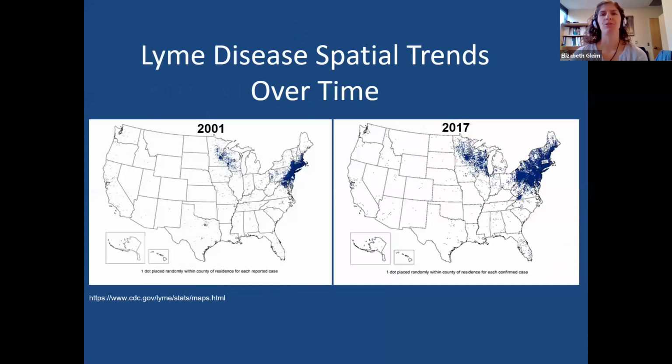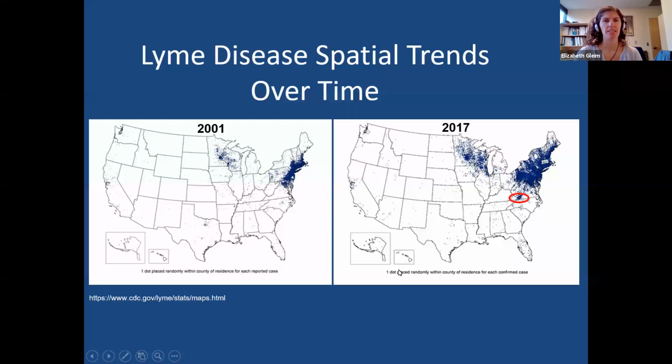Something else that's sort of interesting from an ecology perspective is the expansion of Lyme disease that we've seen over time. Over the past 20 years or more, we've seen Lyme disease spread throughout the northeastern US, westwards towards the upper Midwest, but it's also begun to move a little further southwards into Virginia.